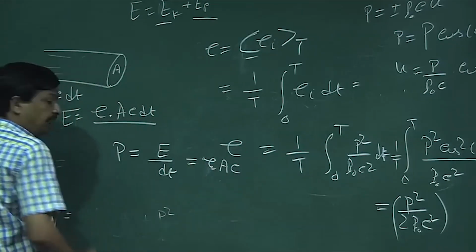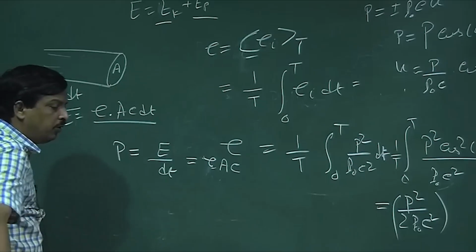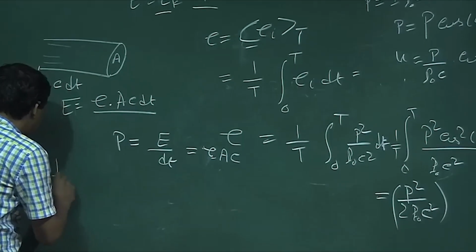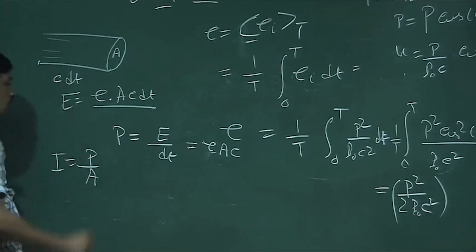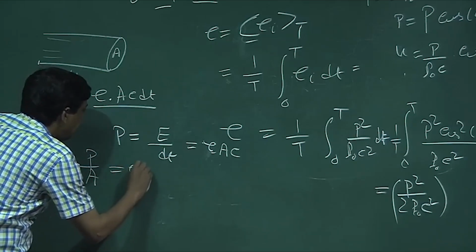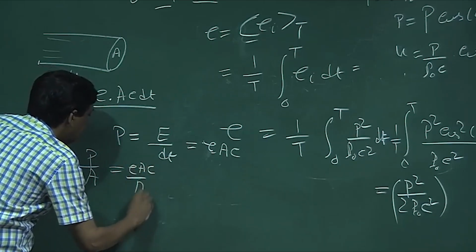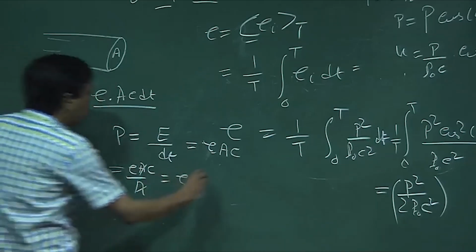Now, what is intensity? Intensity means the power per unit area. So, intensity I is nothing but P by A. If it is P by A, then intensity is nothing but E A C divided by A. So, A cancels, it is E into C. What is the E value?